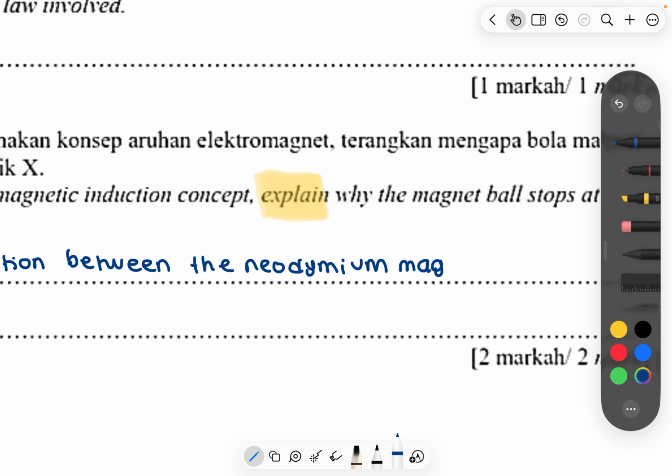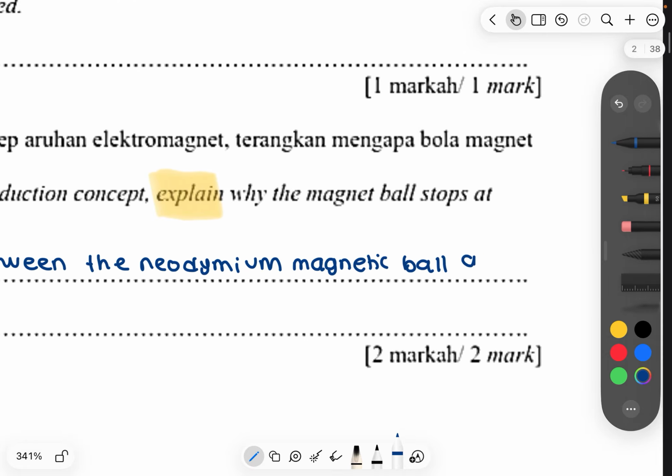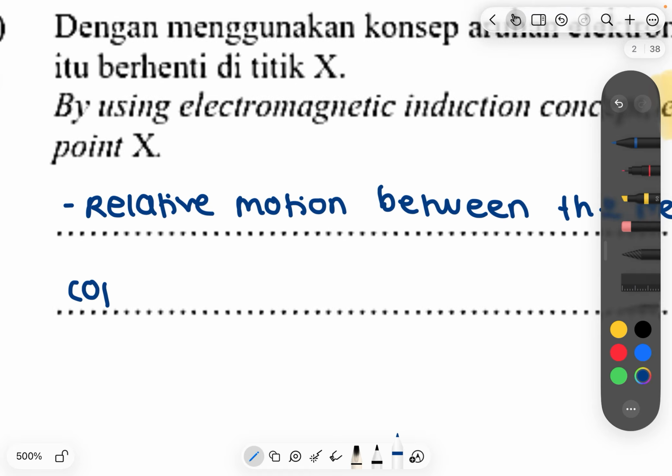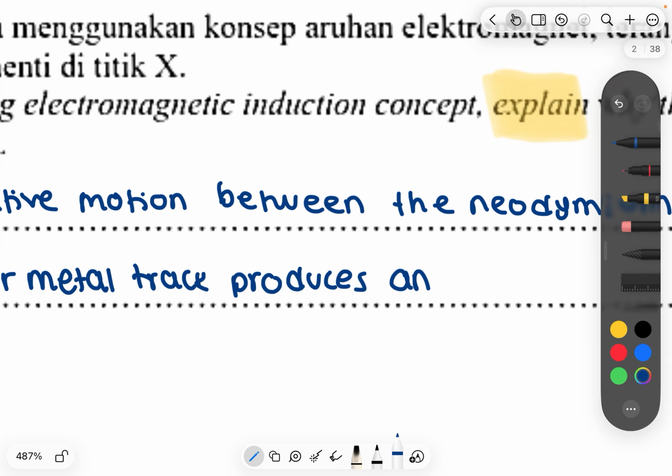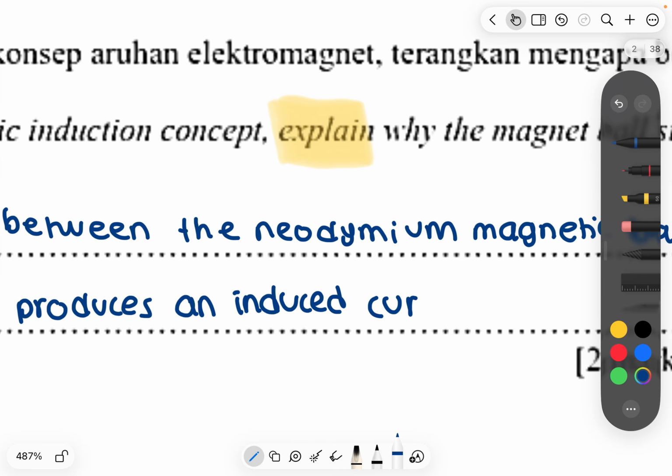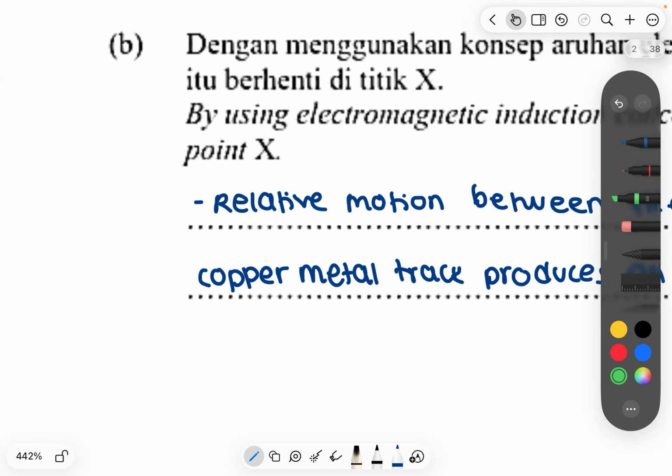So the relative motion between the neodymium magnetic ball and the copper metal track produces an induced current. I think the keyword here is relative motion.